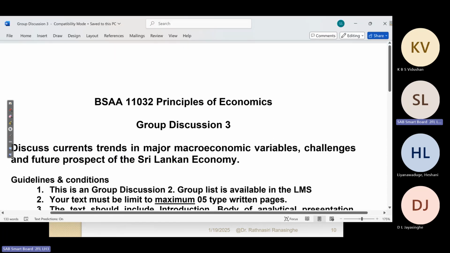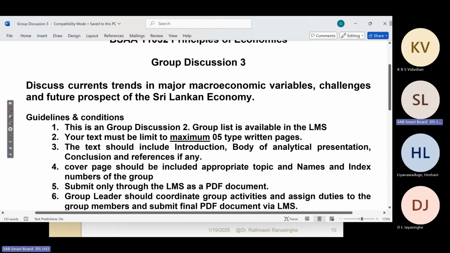This is the question I will upload to the LMS. You need to look at these macro variables: what are the trends, and what kind of challenges and opportunities are there with those variables, by looking at their movement.